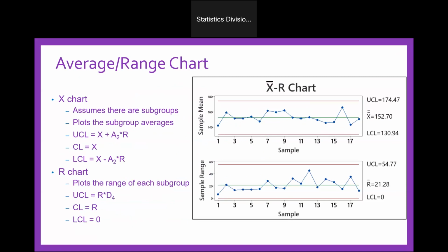And the range is used in the formula to calculate the limits, along with a factor. So that is how we use the range to do a sigma calculation. Instead of using standard deviation, it uses the range. And then the factors I'll talk about in a second. You can find those pretty much anywhere.